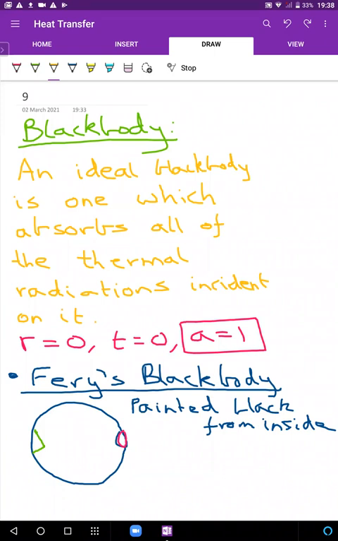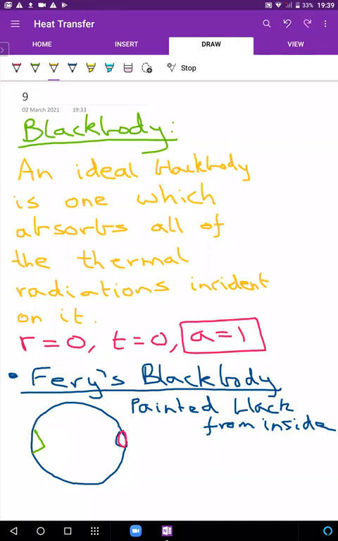It's never completely unfathomably black. But in this case, this experimental model is a sphere which is painted black from inside. And even this kind of conical, wedge type thing that is pasted over here is also, of course, painted black.